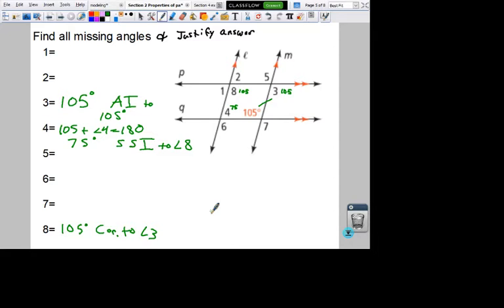Alright, let's keep going through. Let's look at angle 1. Carissa, what do you know about angle 1 and angle 4? What kind of angles are those? They're the same, right? Because they are what kind of angles?